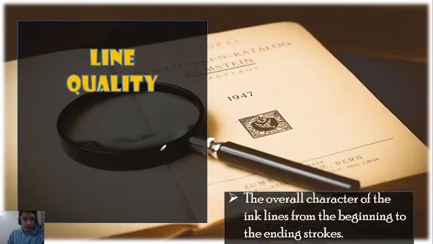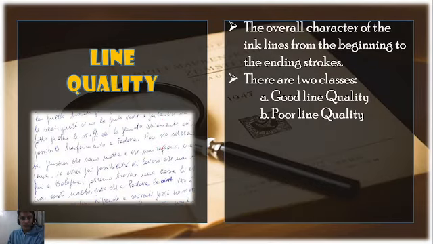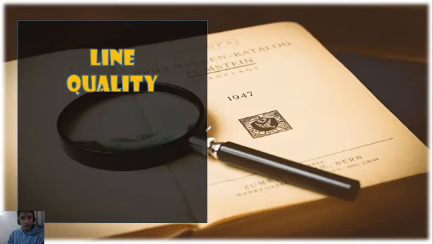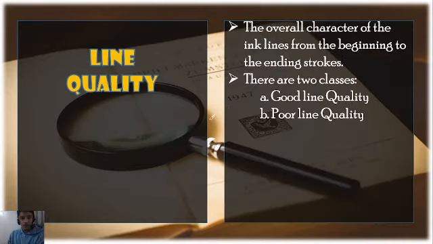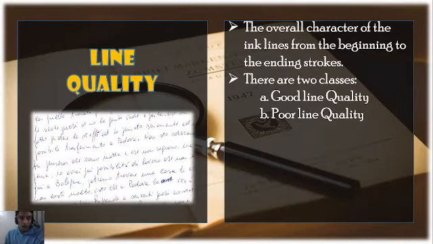Now we have line quality, which is also being observed. Line quality is the overall character of the ink lines from the beginning to the ending strokes. In line direction we refer to whether it is upward, downward, ascending, descending, or normally straight, but here we are referring to the quality. We have two classes: good line quality and poor line quality.